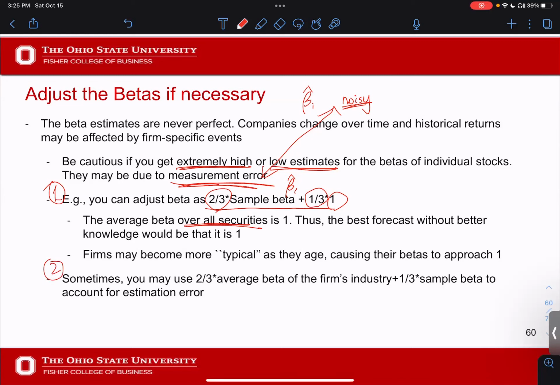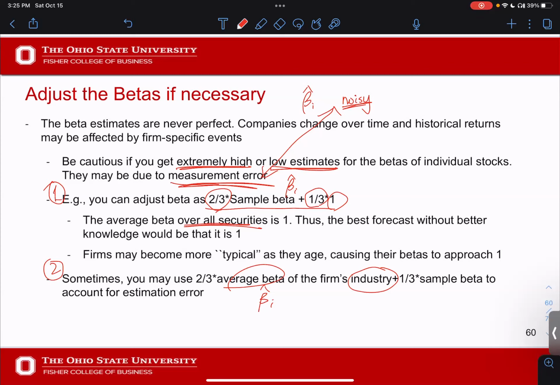And the second one is you can use the average of the sample beta and the industry benchmark, rather than using the market one. Because sometimes, for example, if you estimate Google or Apple, it's from the technology industry, and there are many other firms in this industry, and the industry level beta will reflect the common industry risk that will affect all the firms in the same industry.